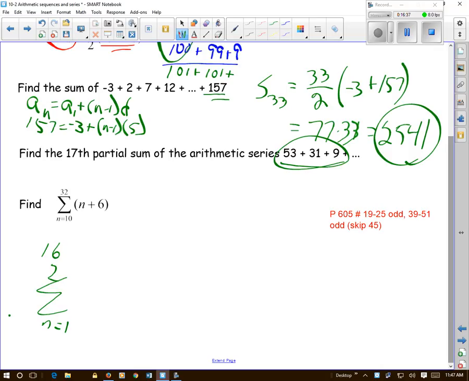So how many terms are we doing here? 23 terms. And if we consider a1 to be 16, then a23 would be the last term. So we can work with the formulas that we've used here to figure out the sum of those.